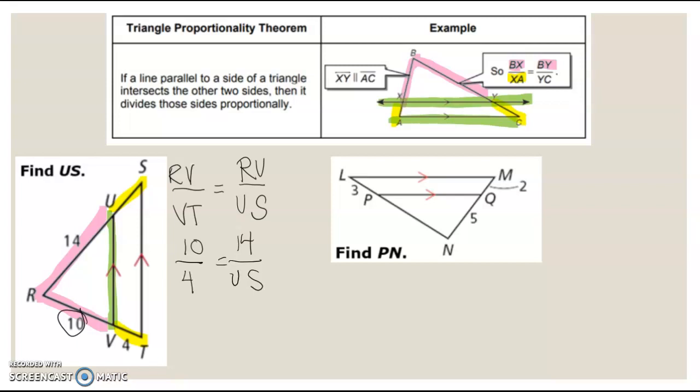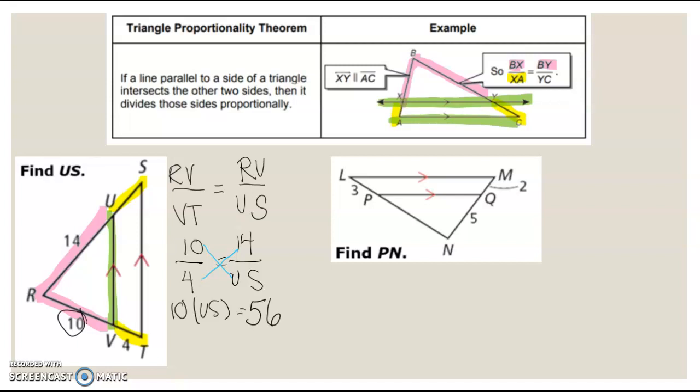So in order to find that, the first thing I need to do is cross multiply. We're going to multiply the 4 times the 14 and 10 times US. Well, 10 times US is just 10 US, and 4 times 14 gives me 56.